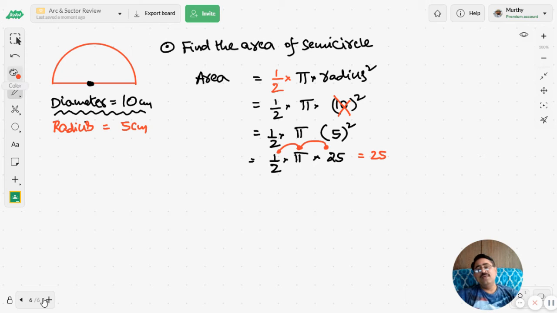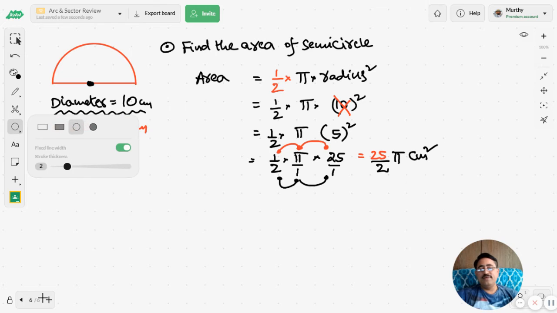In the denominator, if there is no value, it's a very good habit to take the denominator as 1. So 2 times 1 is 2. So 25 over 2 pi, centimeters, therefore this is the area. Let me express it in square centimeters. But when it comes to the circumference, let me take another circle.